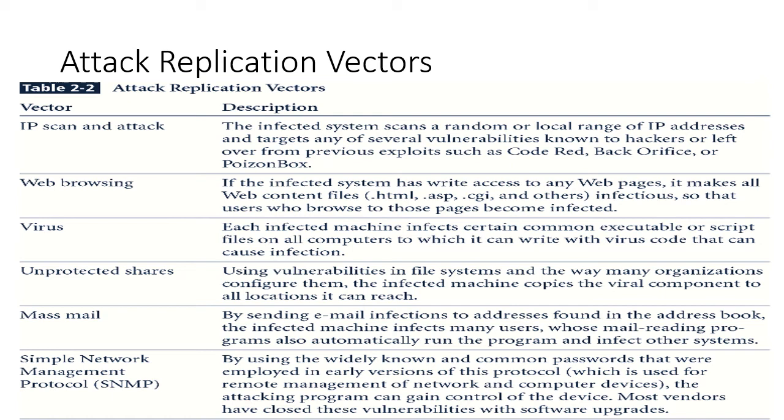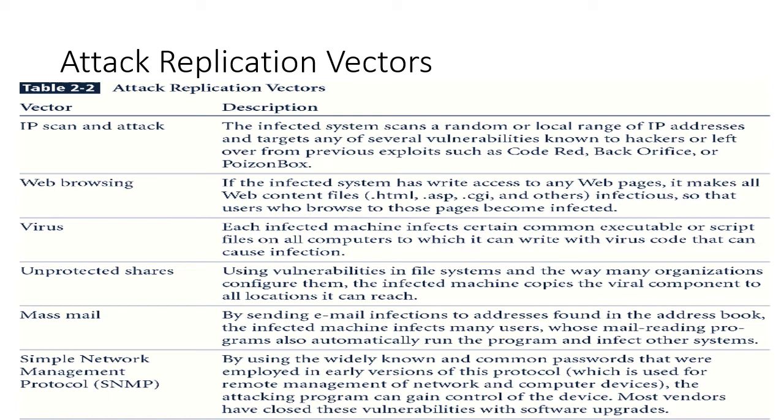We have what we call unprotected shares. Using vulnerabilities in file systems and the way many organizations configure them, the infected machine copies the viral component to all locations it can reach.